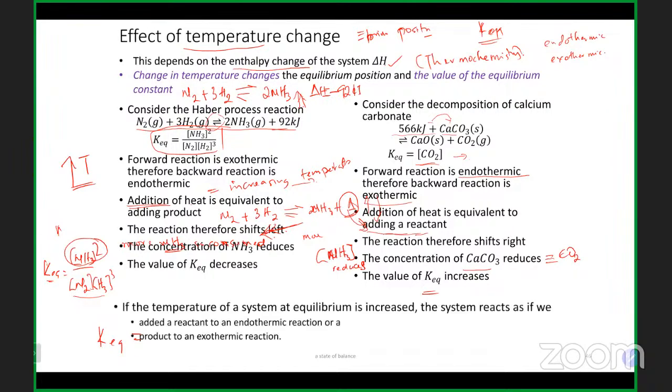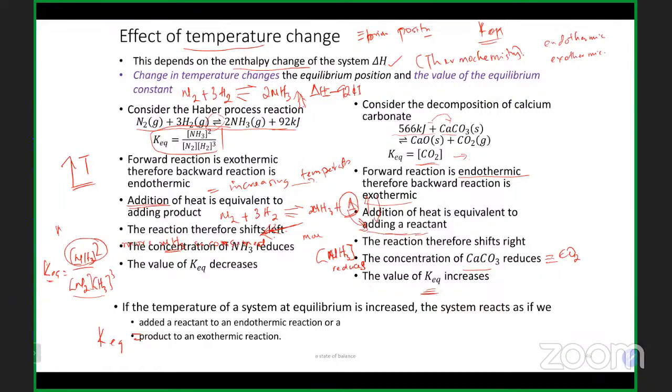So in general, if the temperature of a system is increased, the system reacts as if we have added reactants to an endothermic system or a product to an exothermic system. And K equilibrium will also change.